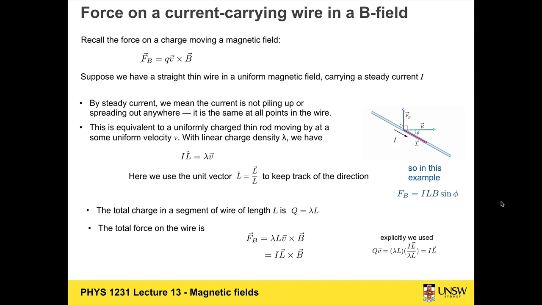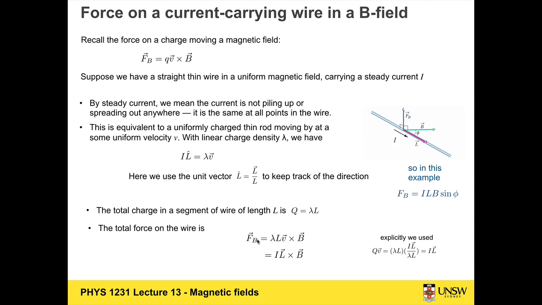That's very easy to generalize. Suppose now we have a wire that has a set of different segments. Then of course we would just sum the forces together. In fact, by now you should be able to see that we could calculate the force on some arbitrarily shaped wire in a magnetic field using integral calculus.